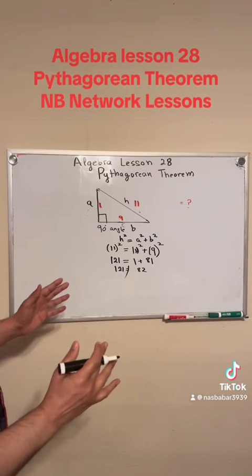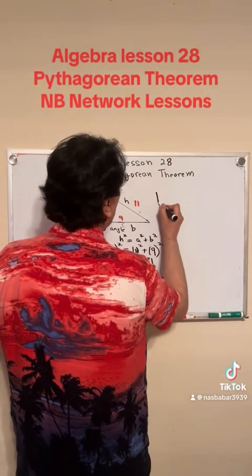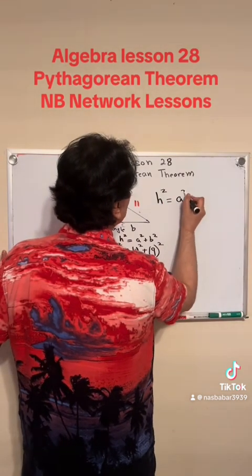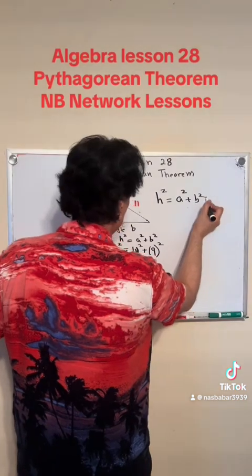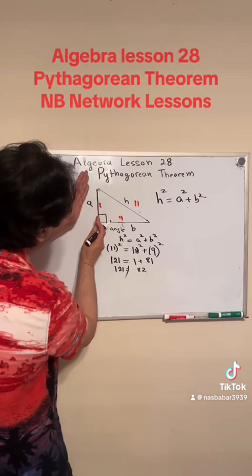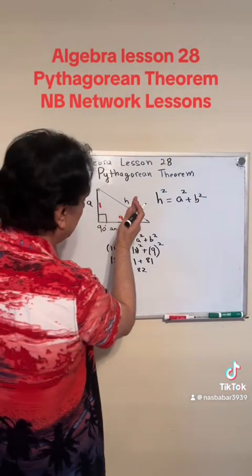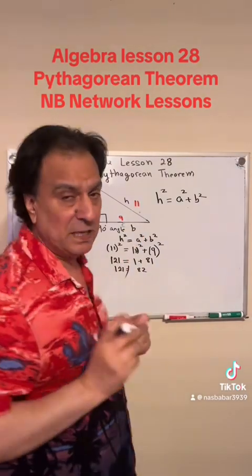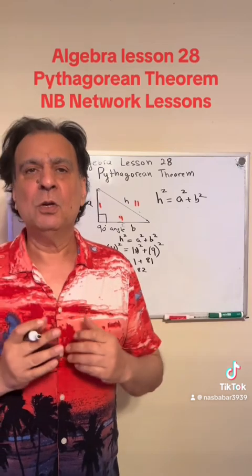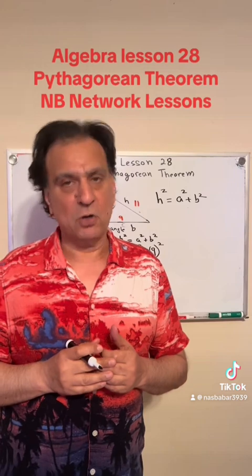The Pythagorean theorem clearly states that hypotenuse square should be equal to A square plus B square, and this is not the case here. So in reality this must reside at some angle other than 90 degrees. That's what we have proved. In an algebra test, you will get a question like that. They'll give you the sides and ask you to find out if this is really a right angle triangle or not.